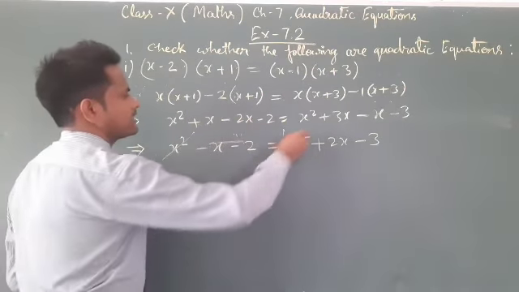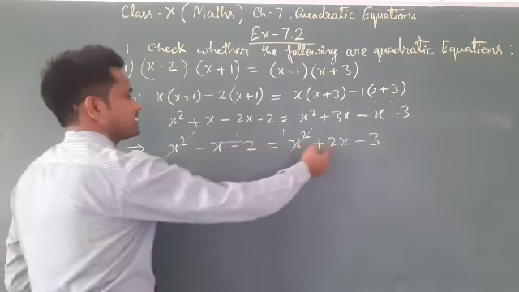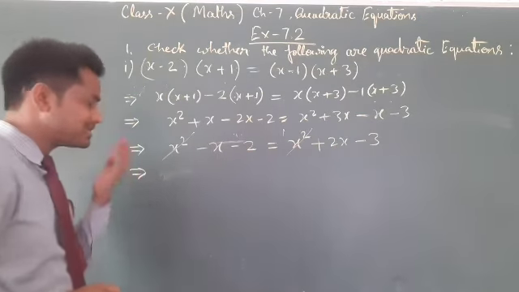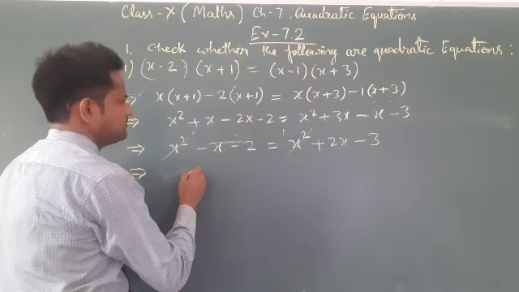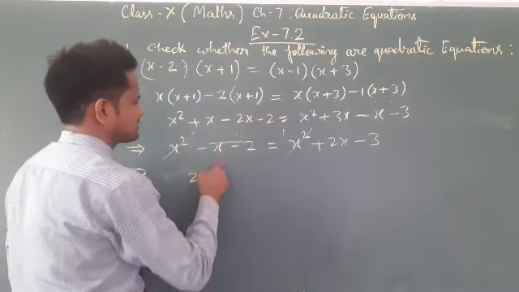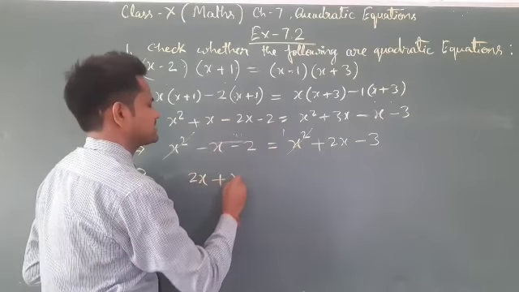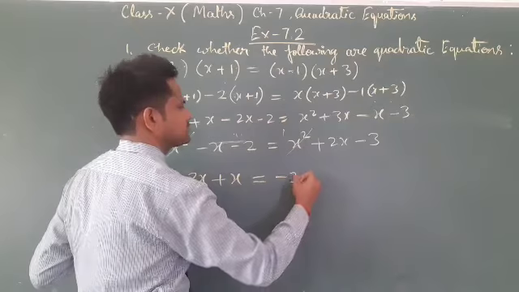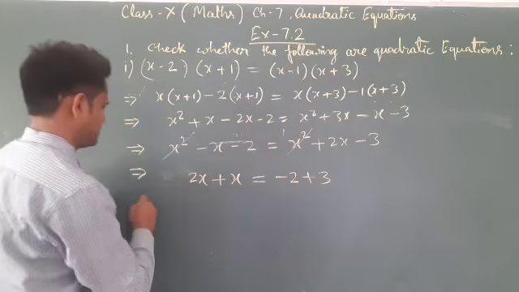Then x² and x² will be cancelled out, and if we transpose 2x to the LHS, then -x - 2 - 2x becomes -3x, and -2 and -3 will become plus 3.